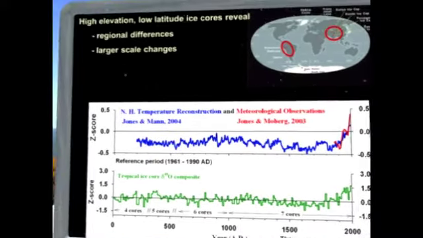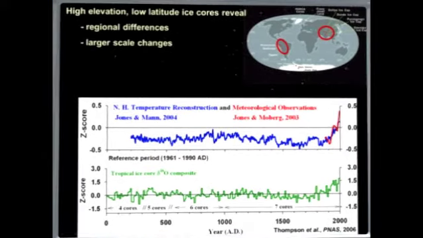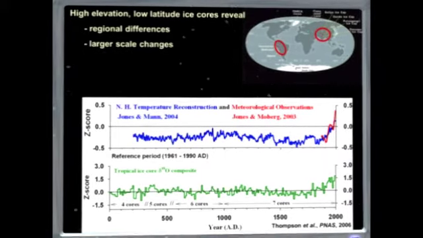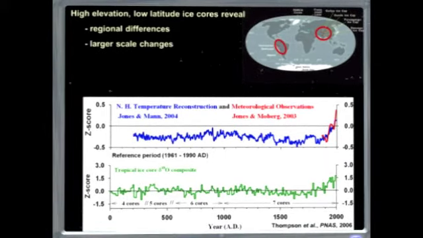Now, up above in blue you see the reconstructed temperature history of the northern hemisphere, and then in red are the measurements we have. Those are actually using instruments, so that's the instrumental record. You can see how short it is.